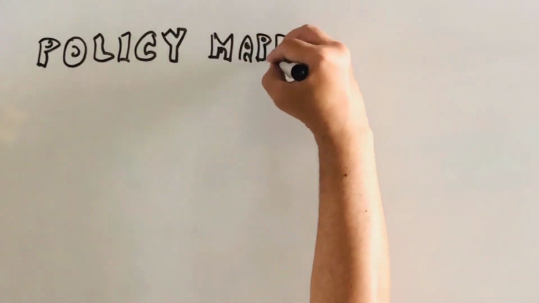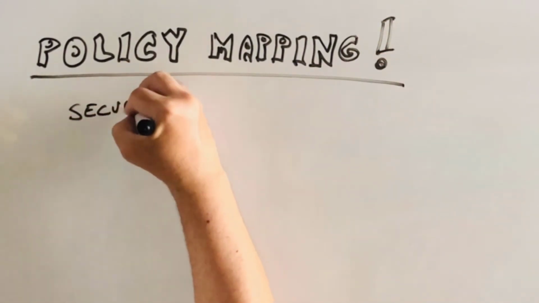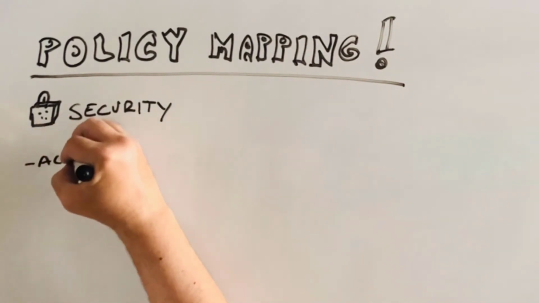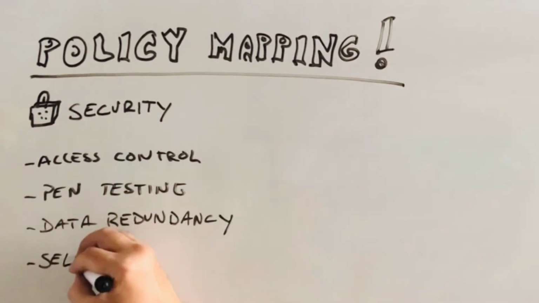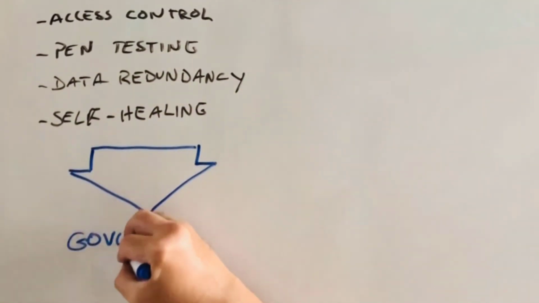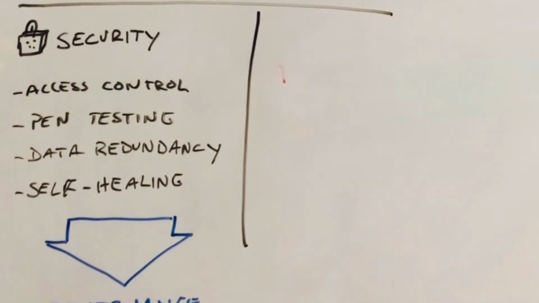For each item, we will set up a policy mapping. Let's say you have a section called Security, and in there you define the items: access control, penetration testing, data redundancy, self-healing. We will assign a risk profile to each item.